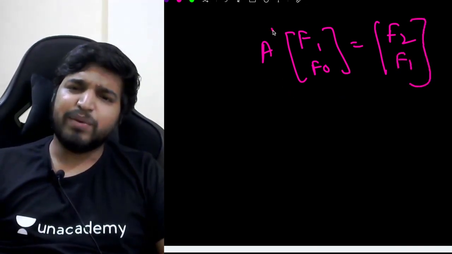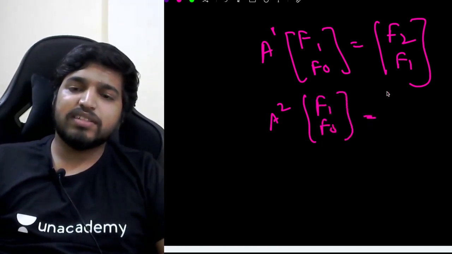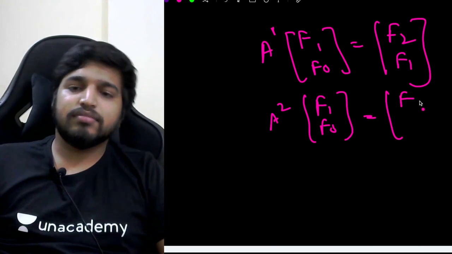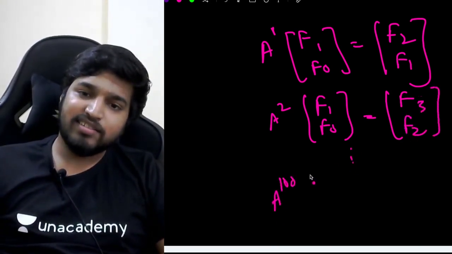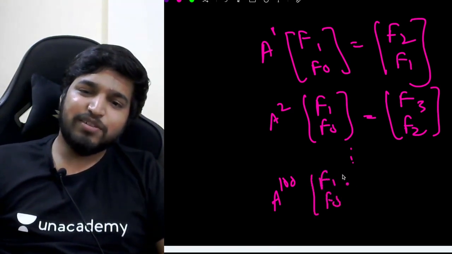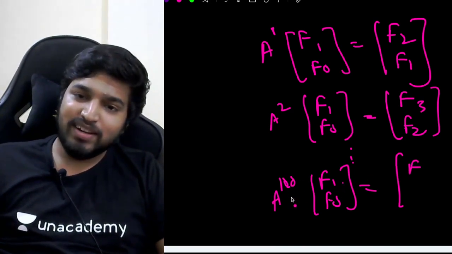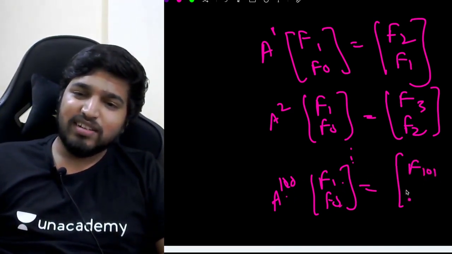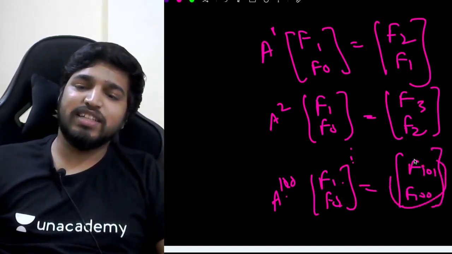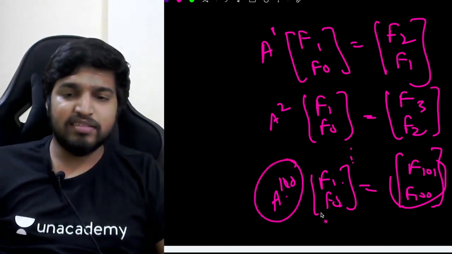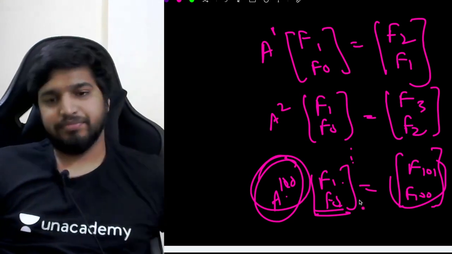A power 2 into F1, F0 will give us F3, F2, and so on. A power 100 into F1, F0 will give us F101, F100. That is so cool. We got the 100th Fibonacci number by just multiplying A power 100 with F1 and F0. Very straightforward.